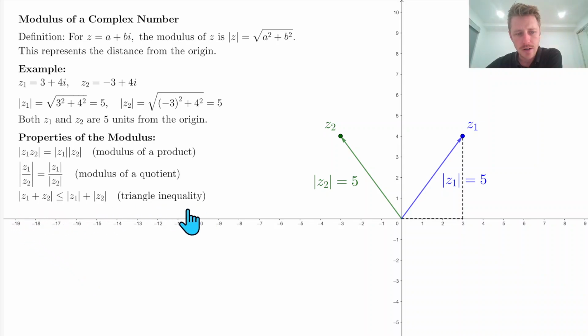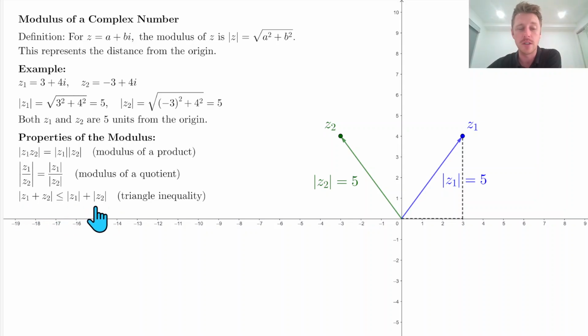This third idea here is what's called the triangle inequality. And it basically just says that the modulus of z1 plus z2 is always less than or equal to the modulus of z1 plus the modulus of z2. I'll put a link below to explain that in more detail because I have explained that concept before.